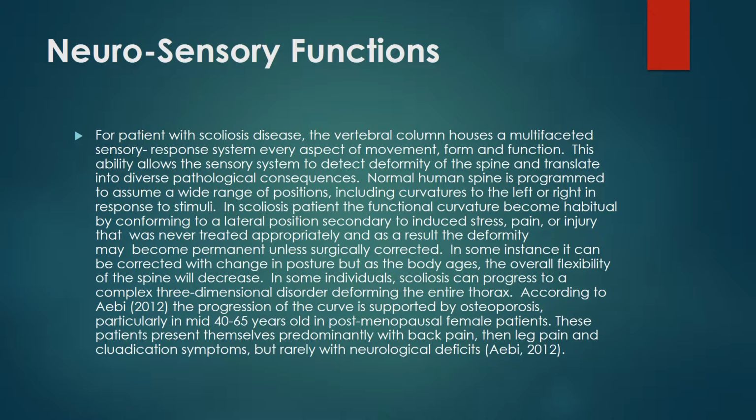Normal human spine is programmed to assume a wide range of positions, including curvatures to the left or right in response to stimuli. In scoliosis patients, the functional curvature becomes habitual by conforming to a lateral position secondary to induced stress, pain, or injury that was never treated appropriately, and as a result, the deformity may become permanent unless surgically corrected.